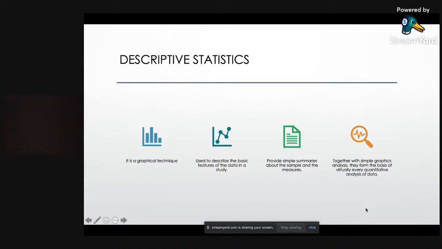So you have to know what kind of graph is suitable for that kind of data, and it provides simple summaries about the sample and the measures, and together with a simple graphic analysis, they form the basis of virtually every quantitative analysis of data.